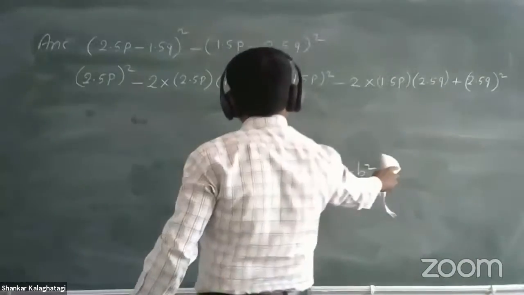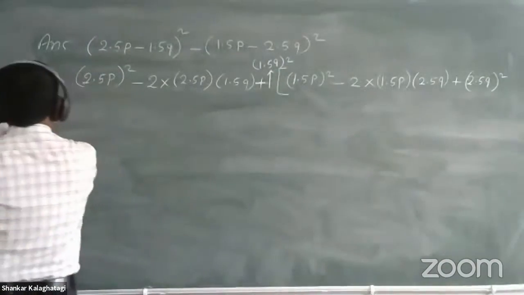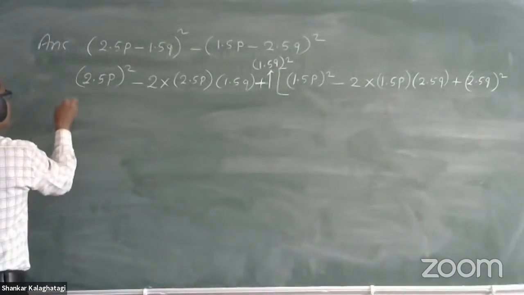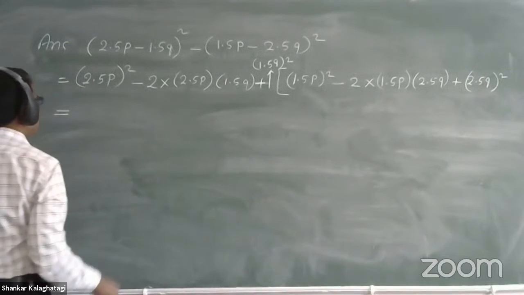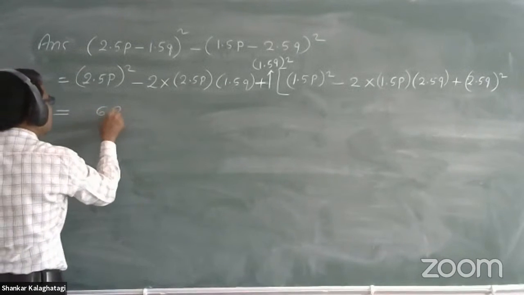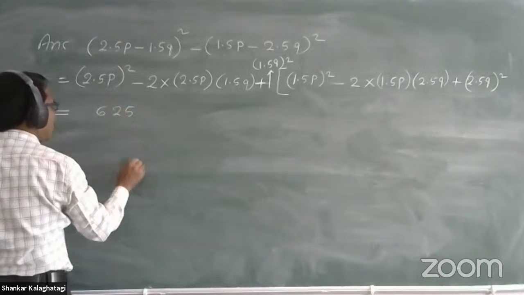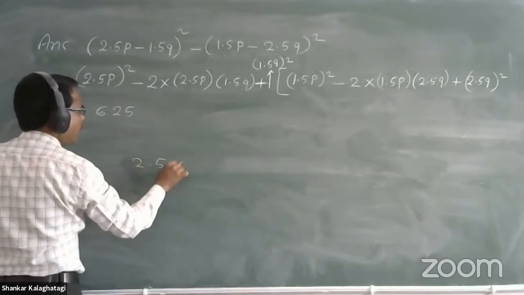Next, this is equal to 25 squared is 625, correct, 625. Here you have to do 2.5 into 2.5.